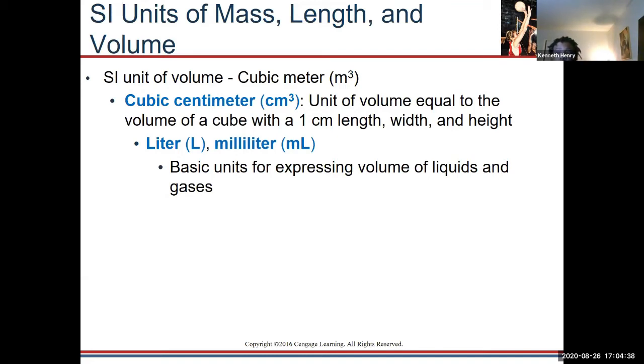The SI unit for volume is typically meters cubed. However, almost everybody uses liters.